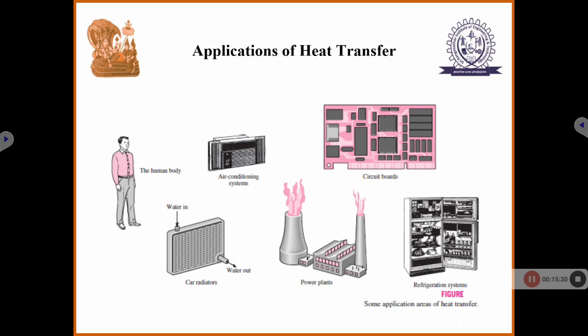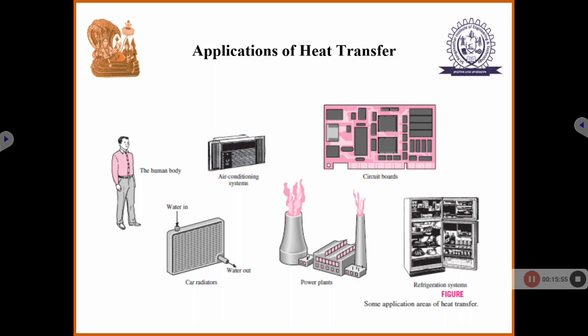Someone jogging or working out in the gym will dissipate more heat, and if someone is sitting idle, that dissipation level will be different. Someone talking, for example, I am talking to you, I will also dissipate heat.